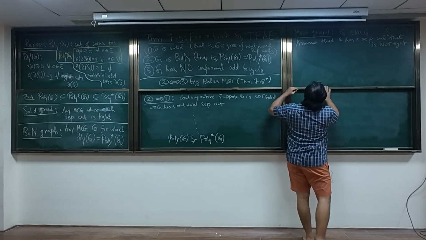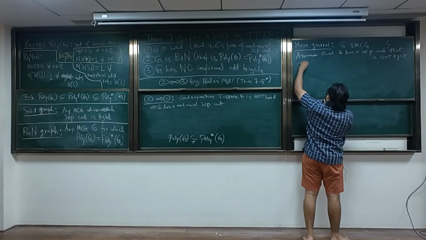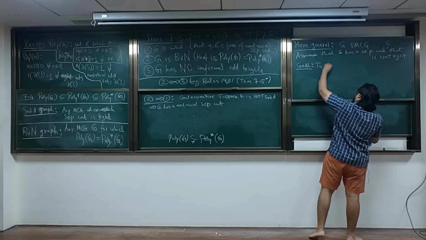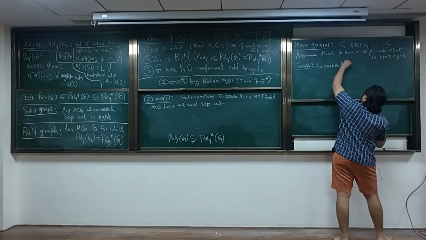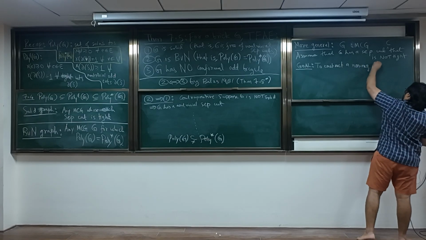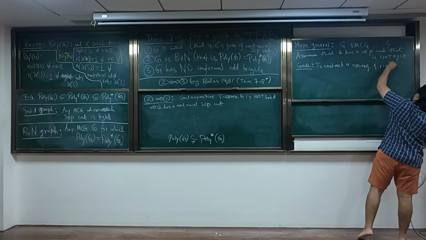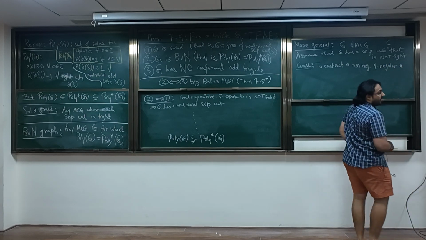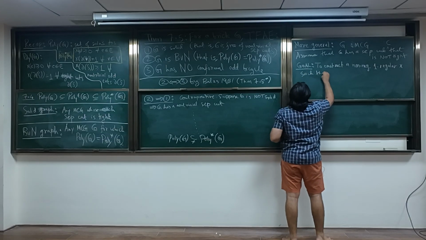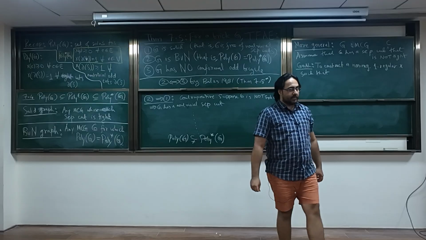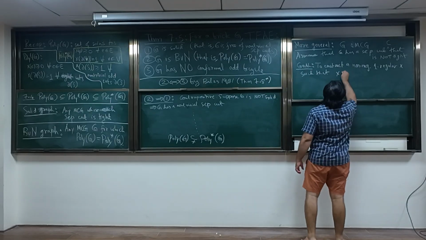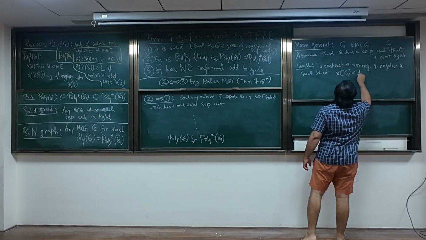Now what we'll do is we'll construct a non-negative one regular vector such that it will violate some Edmonds constraint. Which Edmonds constraint? The one for C. x(C) is less than 1.